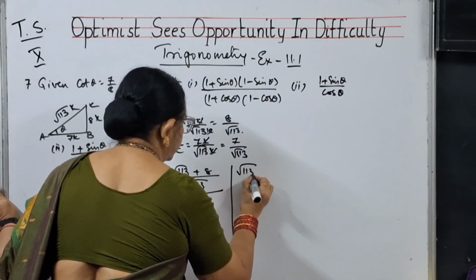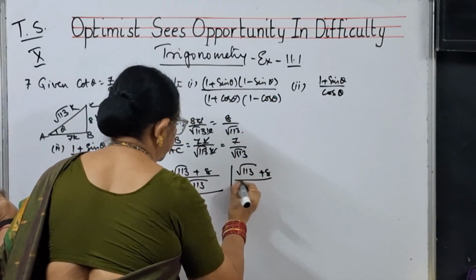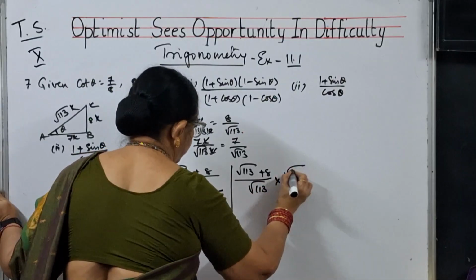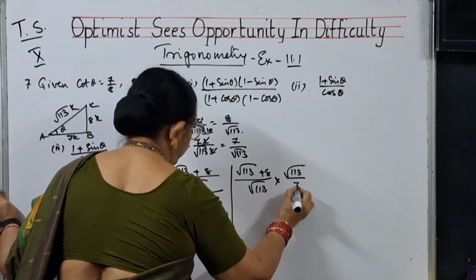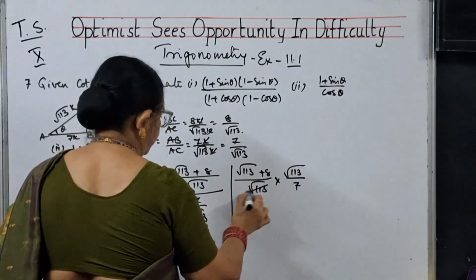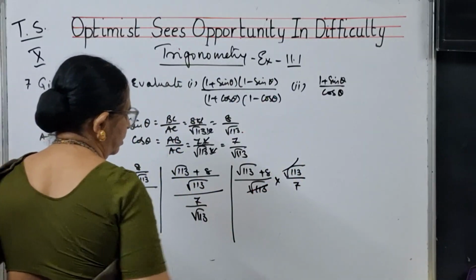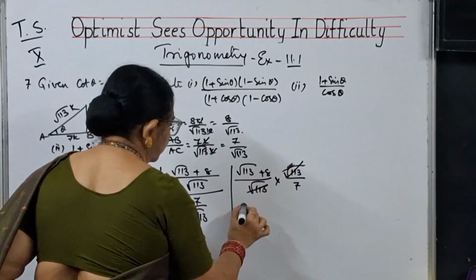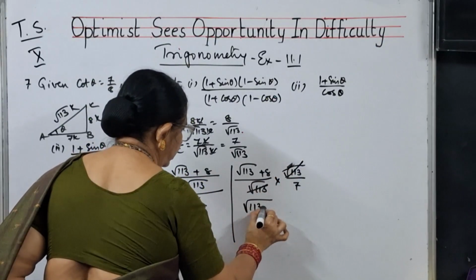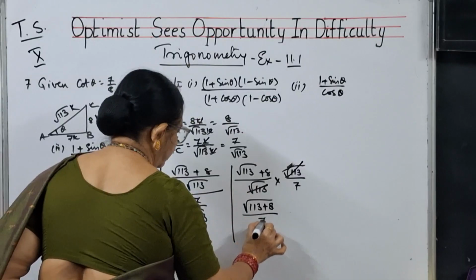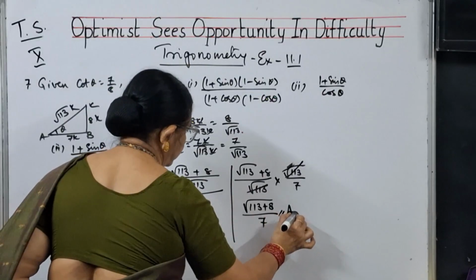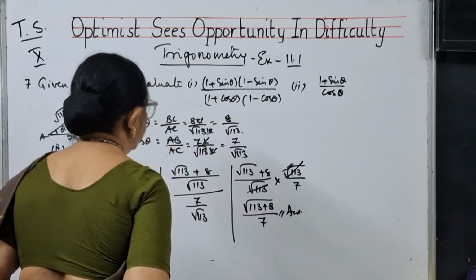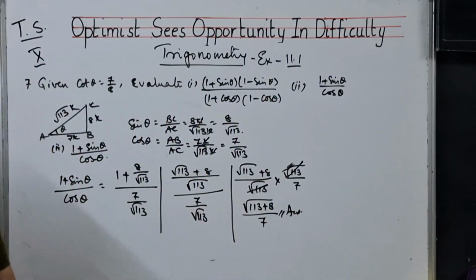Root 113 plus 8 by root 113 into root 113 by 7. Root 113 and root 113 will get cancelled. So you are getting root 113 plus 8 by 7. This is the answer for the second bit, children. Please note it down. This is the 7th problem.